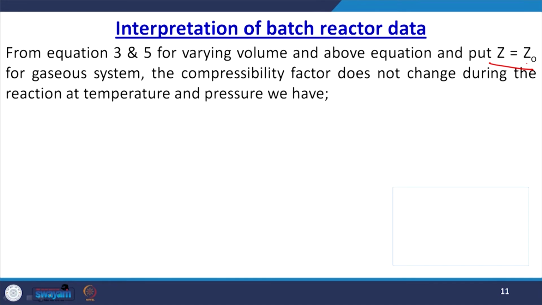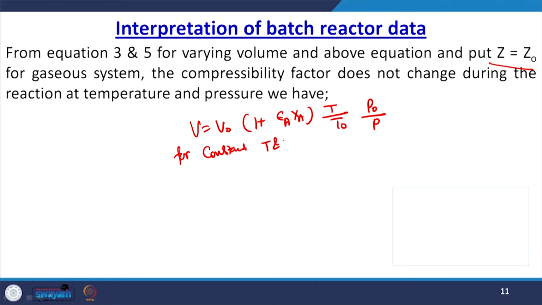So, in that case we have V is equal to V naught 1 plus epsilon A XA, T upon T naught, P naught upon P. Now, for constant T and P, and since we are always looking for the extent of a reaction, epsilon A is represented as the extent of reaction.